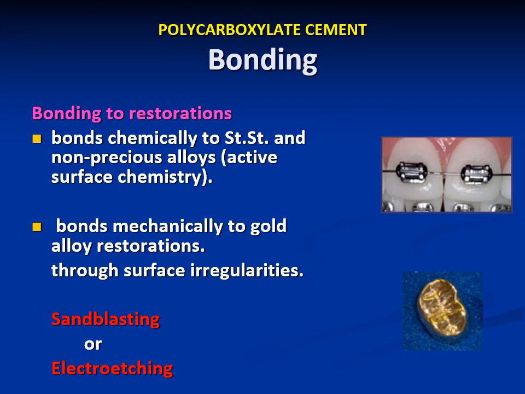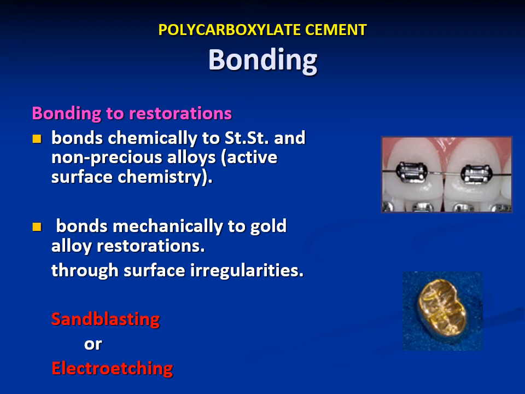These are all non-precious or base metal alloys. Why? It's easy to bond to these types of metals because they have an active surface. When we have an active surface, it easily reacts with the polycarboxylic acid, forming a good chemical bond.